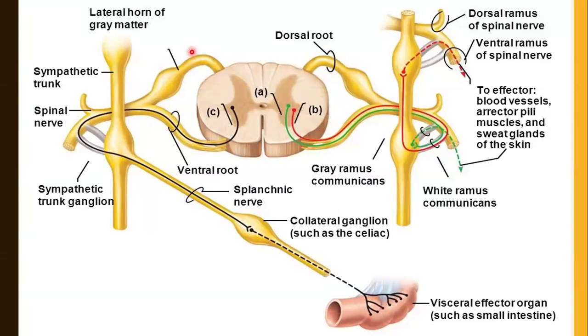So this is what we call the dorsal root of the spinal nerve. And their rootlets are not indicated here, but there'll be multiple rootlets entering the posterolateral aspect of the spinal cord. The swelling associated with the dorsal root is known as the dorsal root ganglion that houses the cell bodies of the pseudo-unipolar sensory neurons.